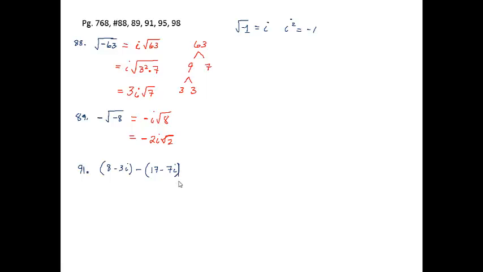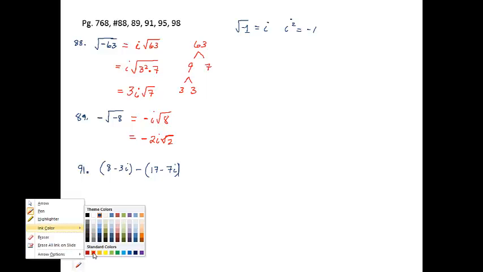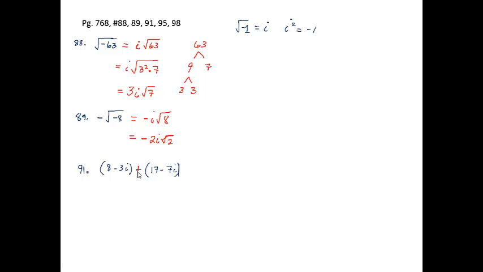Okay, well, first things first, I have a minus sign in front of the second group. So what I'm going to do is change it to a plus sign and change all the signs on the inside of the second group. It is basically distributing a negative. So plus, negative, positive. Then all I have to do is add my like terms together, because now I'm adding my two groups together.